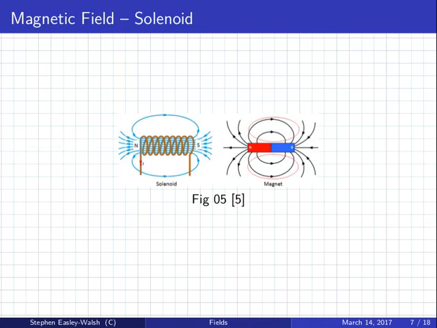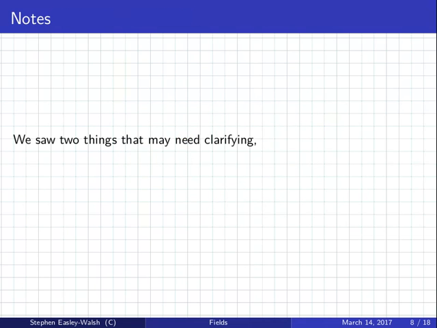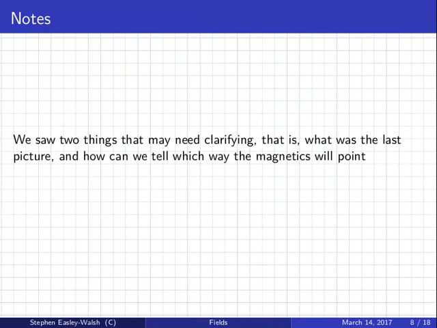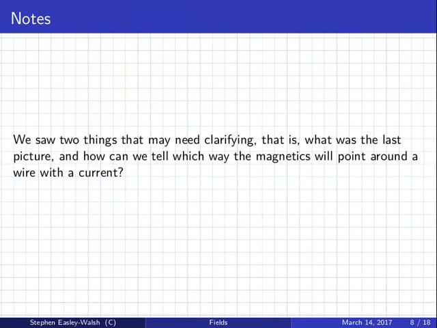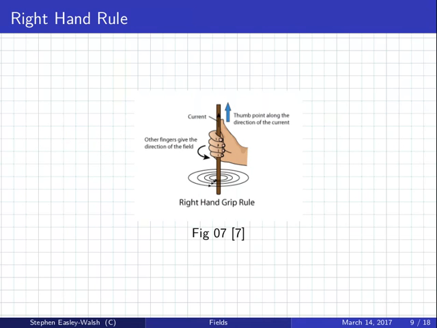Right. So we saw two things that we may need to clear up. There's actually a rule here to help you remember which way the magnetic field will move when you have a current. It's called the right-hand rule. Let's imagine the current is going up, for example.